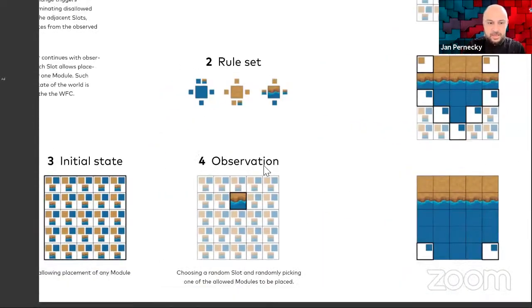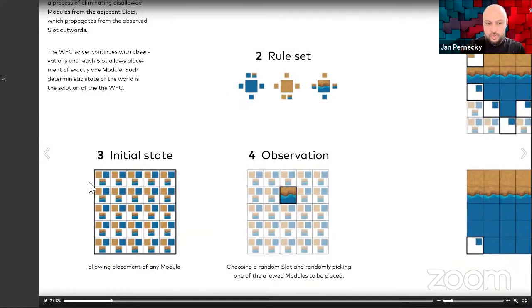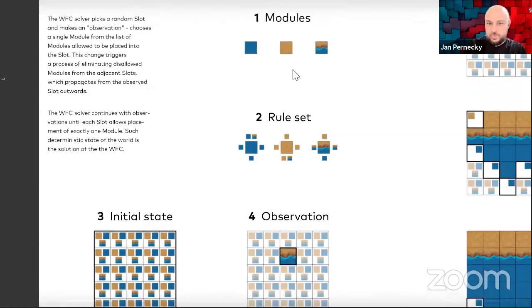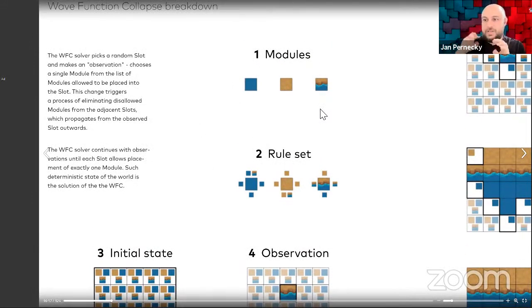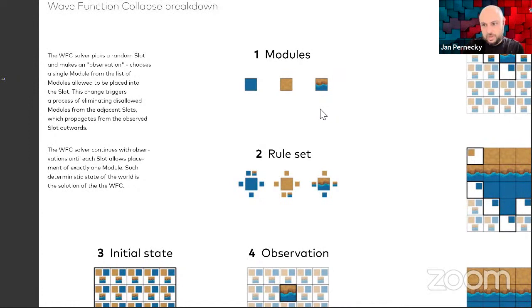So at the beginning, your task is that you have an envelope, a space that is discretized, chopped into blocks. In our case, they are squares, but I will explain that with Monoceros, they don't have to be squares, but for simplicity, we are showing squares. So you have a chessboard that you need to fill in with certain modules. The modules, those are the small pieces that you put into that chessboard.